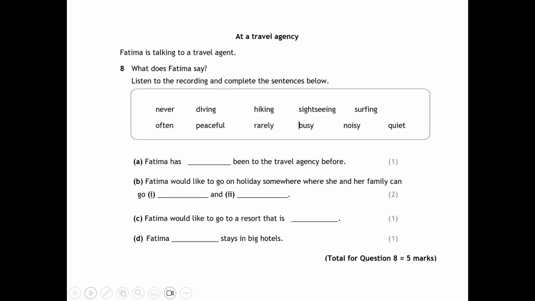Hiking doesn't make any sense. Sightseeing, surfing doesn't make it. Often is a possibility. Peaceful doesn't make any sense. Rarely is a possibility. Busy, noisy, and quiet don't make any sense. So in their reading time, candidates ought to be looking at that and thinking, is it often, never, or rarely? And so on and so forth.